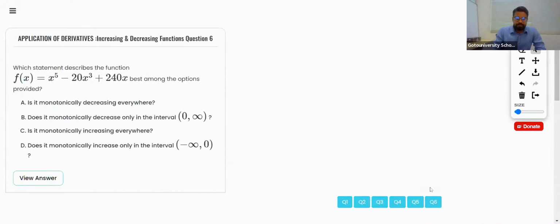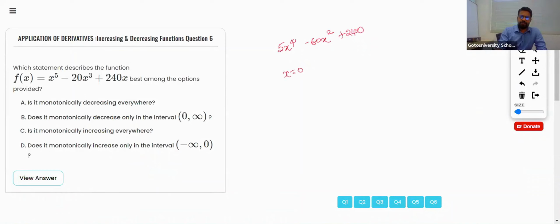Why is it increasing everywhere? So when you differentiate this, we get 5x power 4 minus 60 x square plus 240. Okay. So everywhere means what?